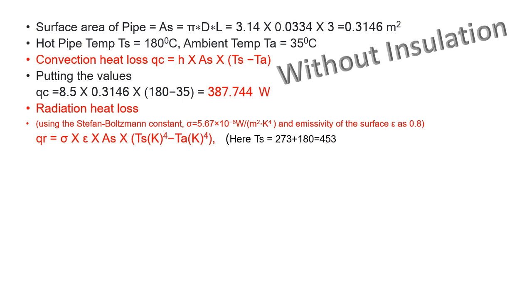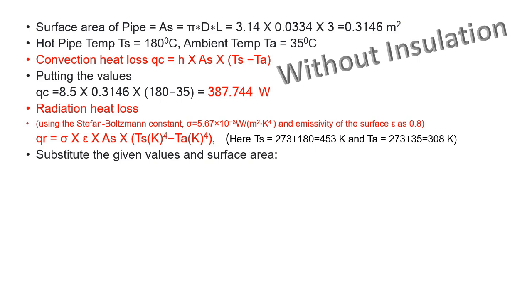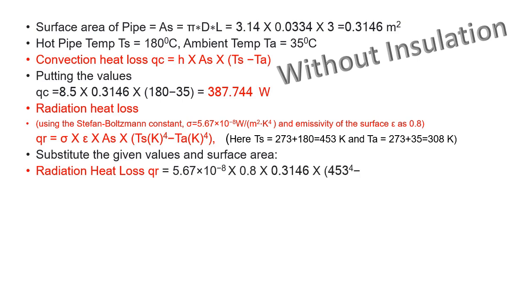So Ts and Ta have been converted into degrees Kelvin, and we substitute the given values of the surface area. The radiation heat loss comes out to be around 331.11.